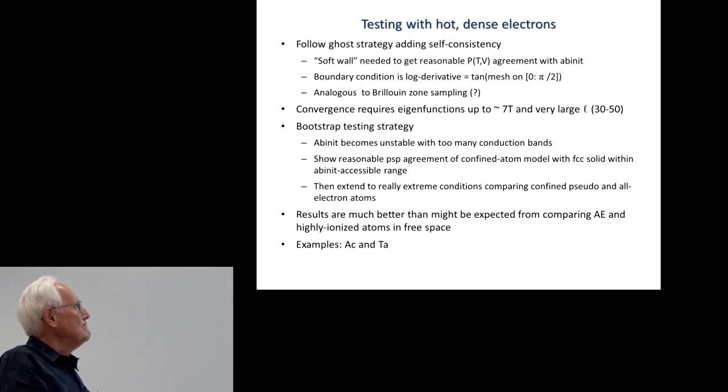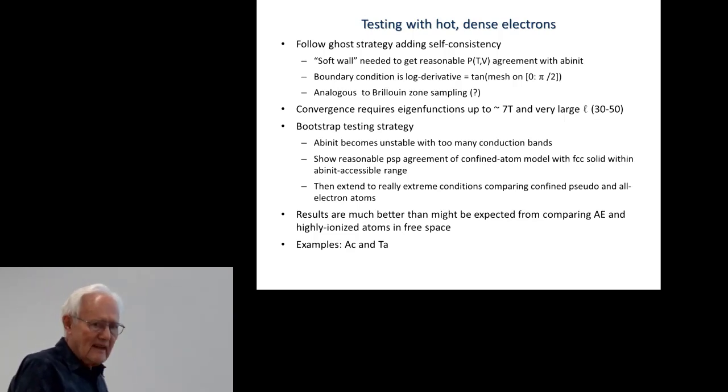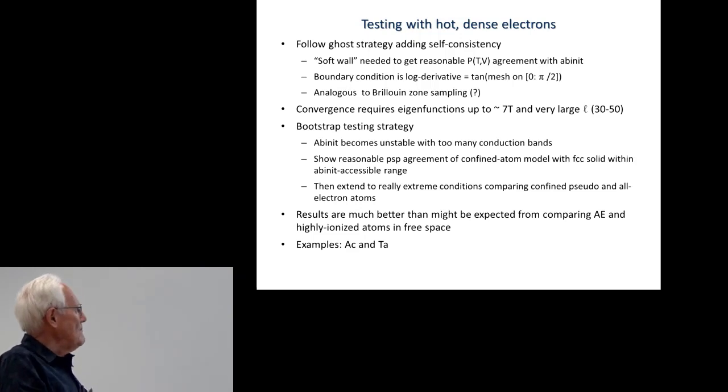I found, just experimentally, that if I use a distribution of boundary conditions on that barrier, suggested by Bruin's own sampling, I do fairly well at fitting temperature dependence with a pseudopotential against an Abinit calculation up to the temperatures where I can keep Abinit stable, as I'll show you in a minute. And I can then do an all-electron calculation with exactly that same set of boundary conditions, and I can compare. I'm typically doing pressure versus temperature and volume.